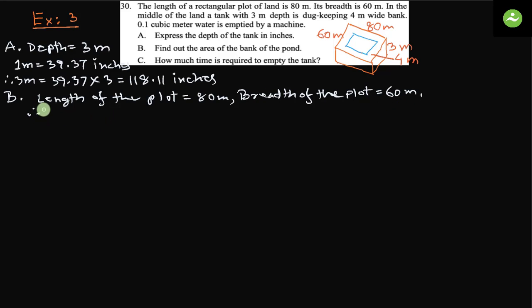Therefore, area of the plot, 80 into 60 equals to 4800 square meter. Meter into meter is square meter.